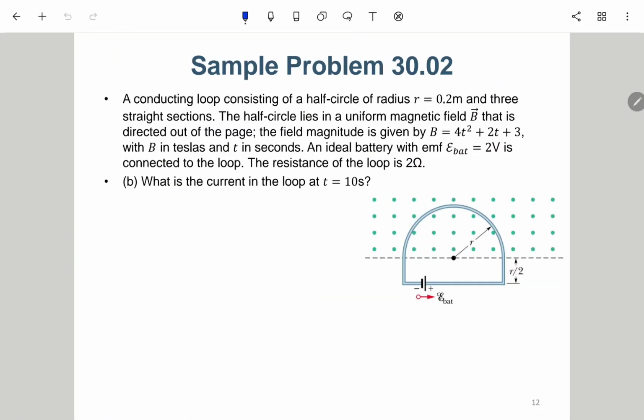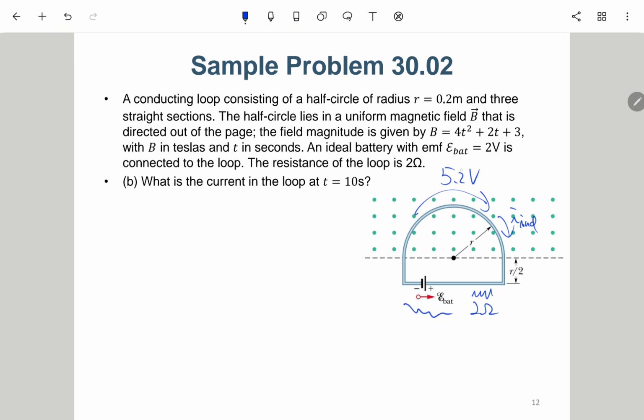Okay, so here it asks what is the current in the loop at t equals 10 seconds. What we also know is that this is 2 ohm, and this is the EMF 5.2 volt, and then there will be I induced clockwise. But here we also have another battery.